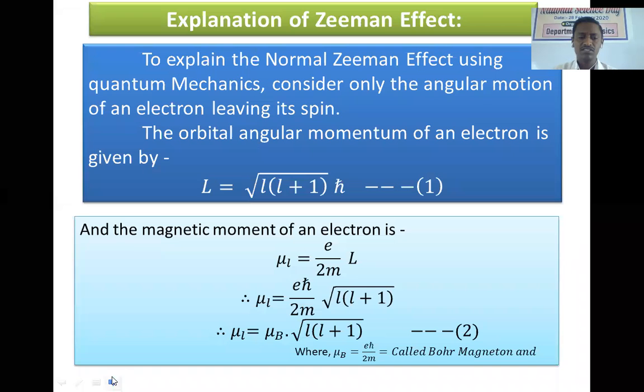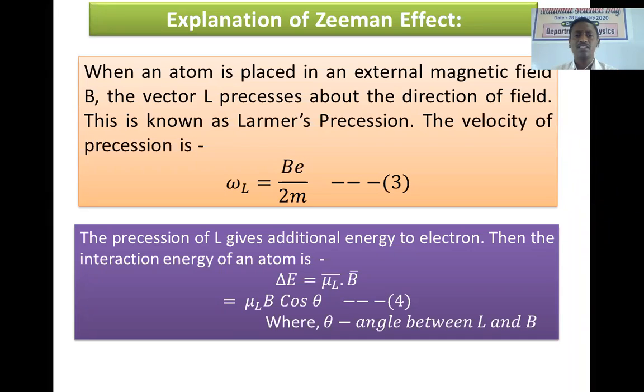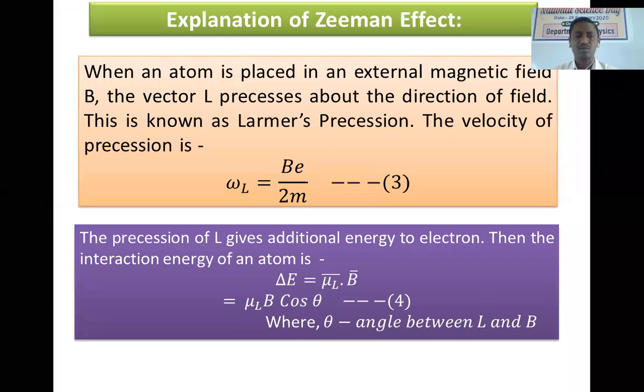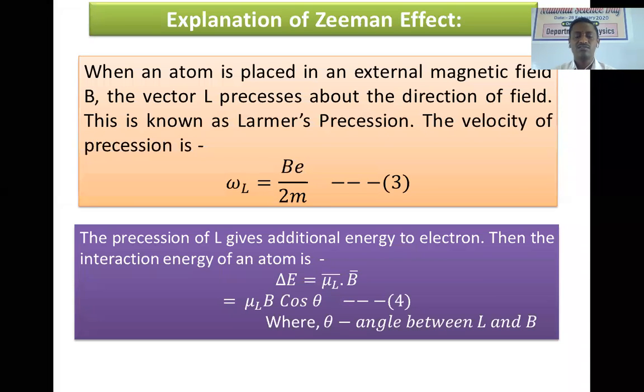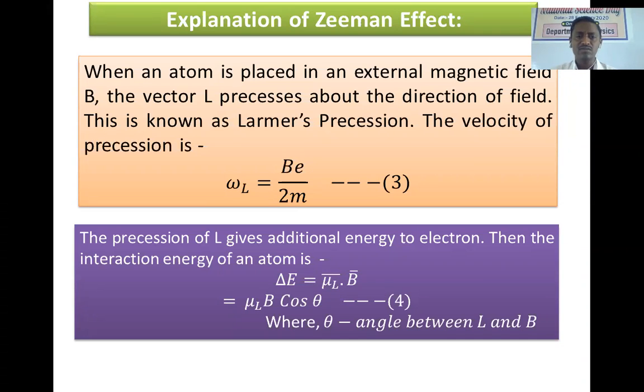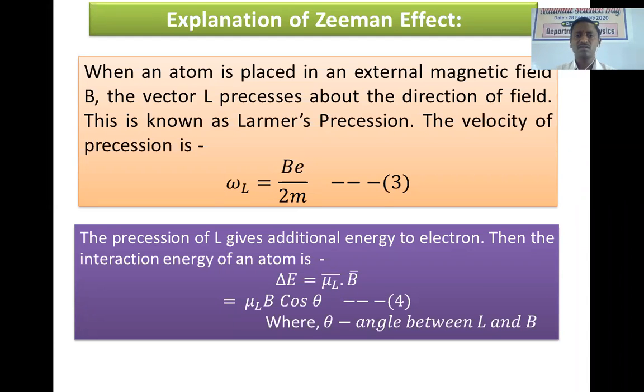Now what happens after the application of the magnetic field? When a spectral line is placed in an external magnetic field, since spectral lines are caused by the transition of electrons within various energy levels, the atom is placed in an external magnetic field of strength B, and the vector L, the orbital angular momentum vector, precesses about the direction of the field.